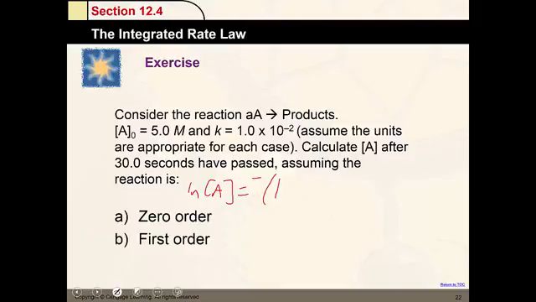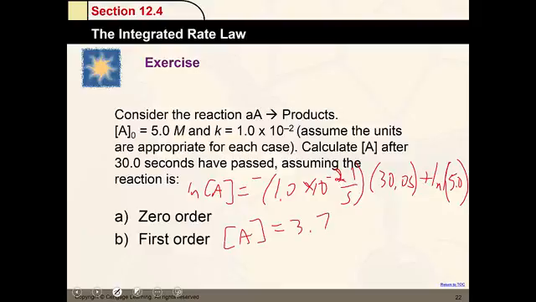And here, for a first order reaction, remember the units of k will be some inverse time. So our unit of time here is seconds, so inverse seconds times 30 seconds. And now we're adding the natural log of our initial concentration, which is 5 molar. When we do all that and we solve for the concentration of A, our concentration of A is 3.7 molar.